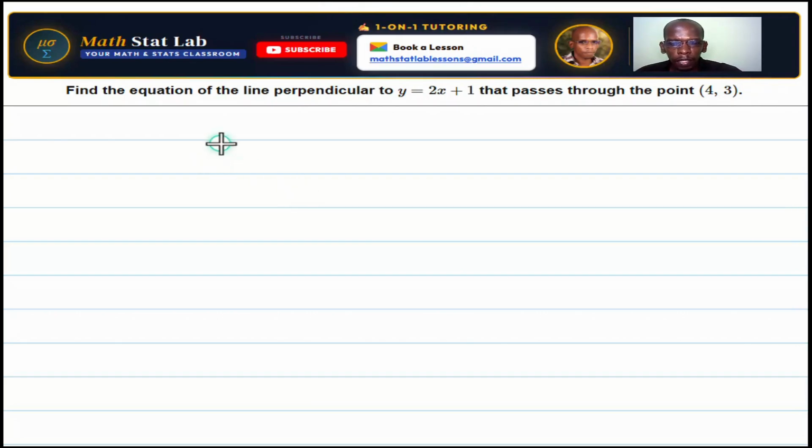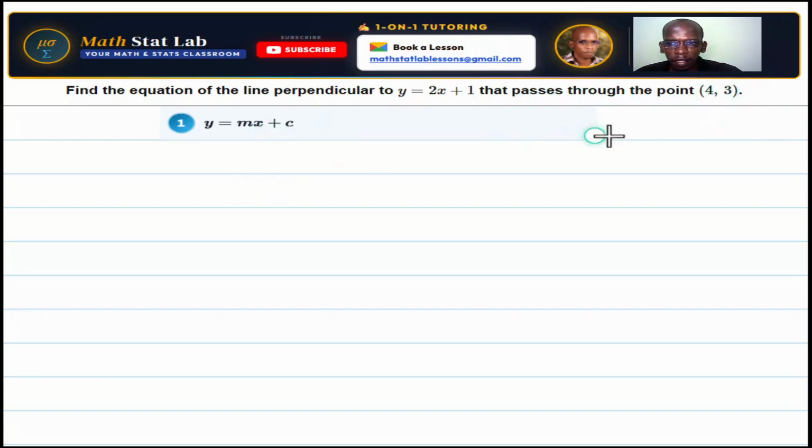The first step in solving this question is to understand the standard form of the equation of a straight line, which is given by y = mx + c, where m is the gradient of the line, c is the y-intercept, and y and x are the variables, in our case the point we are given here.